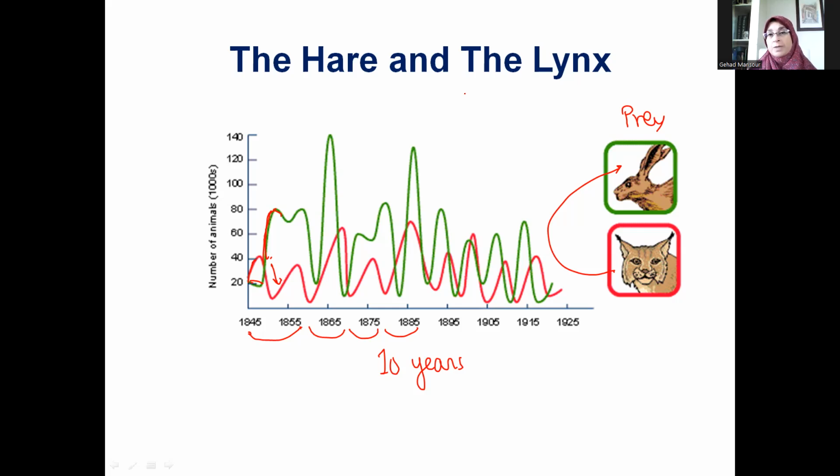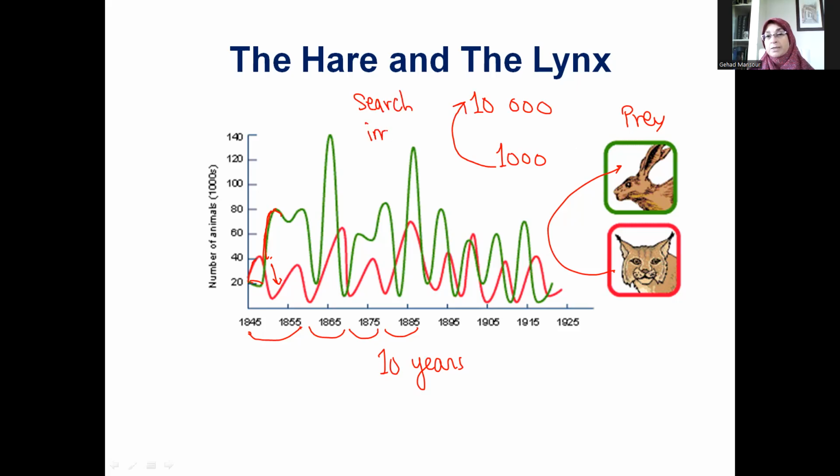Say, for example, that we have 10,000 hares, and then we have only 1,000 lynx, the animal. And say, for example, that those 1,000 had the hare as their search image.